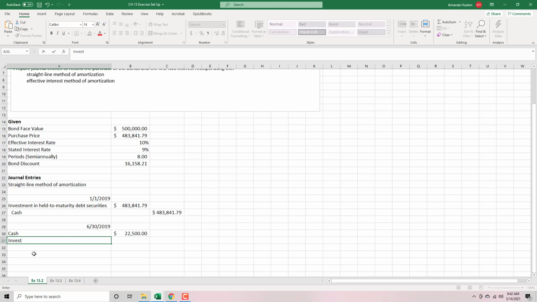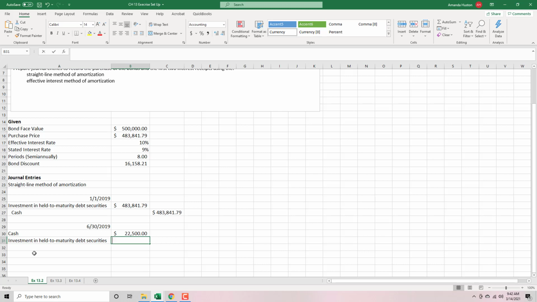Investment in held to maturity debt securities. And what we're going to do is take the bond discount and divide it by the number of periods, because there's 8 semi-annual interest periods.